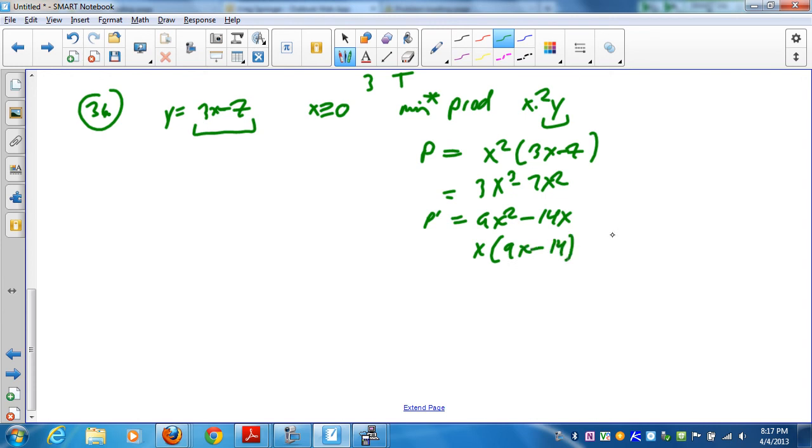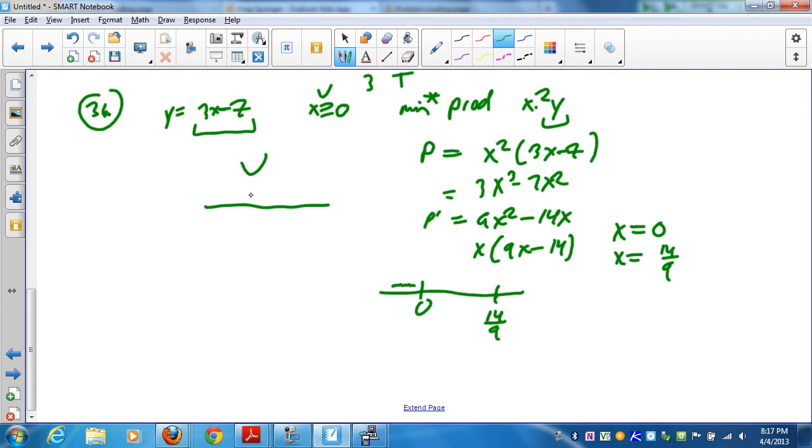So critical points are when x is equal to 0. Is that in our statement? Yep. And the other one was when x is 14 over 9. So 0 and 14 over 9. Well, we're restricted to this over here, right? We're looking for local minimum. So remember, local minimums look like this.